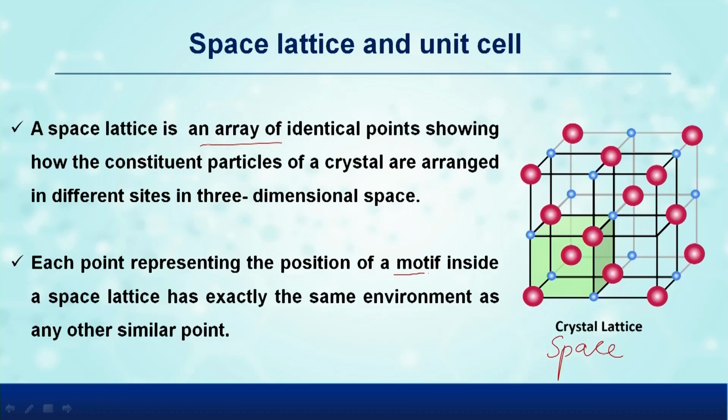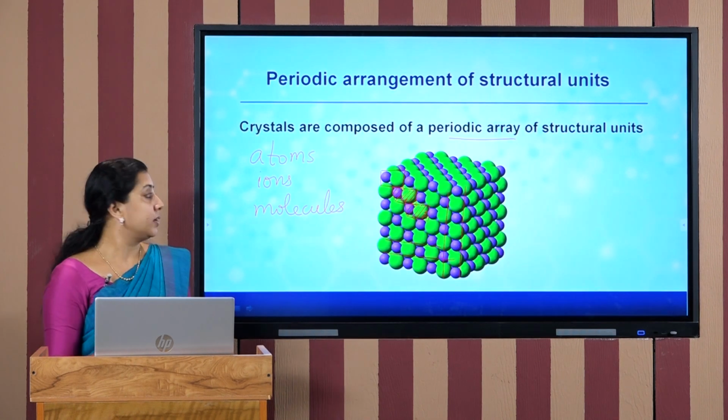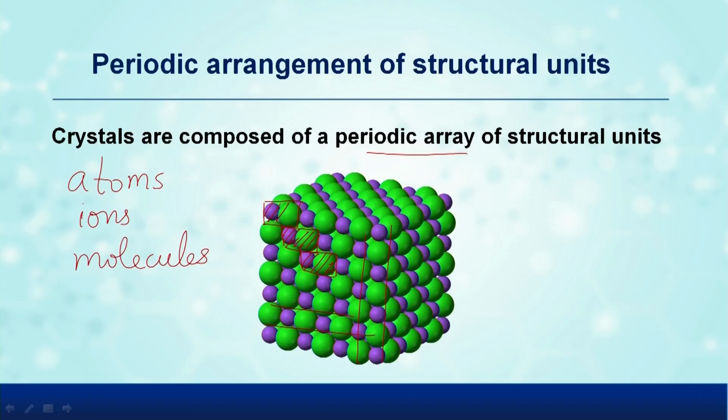Okay. So, a regular repeating arrangement of these lattice points will generate a space lattice, with each point representing the position of a motif. And what is a motif? It is a basis or a structural unit inside a space lattice that has exactly the same environment as any other similar point. Okay. In the previous slides I showed you that if you take this particular point, it has exactly the same environment as any other point on this lattice.